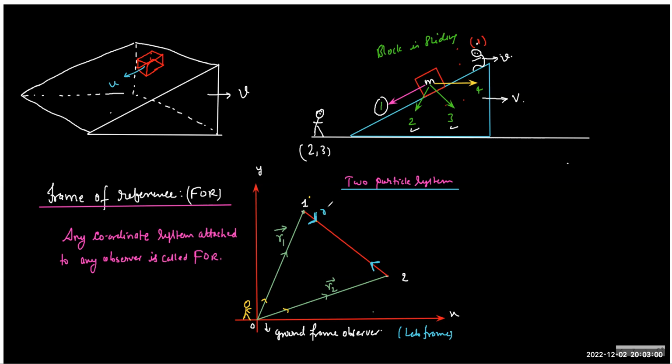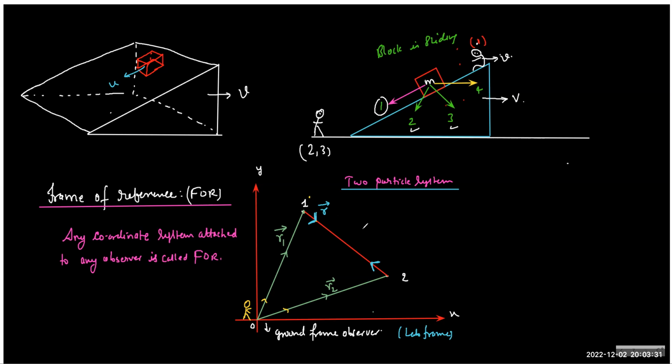So we write here R, and this R is representing position vector of which particle? Tell me. This R is representing position vector of which particle? Can you tell me? Position of 2 with respect to 1.